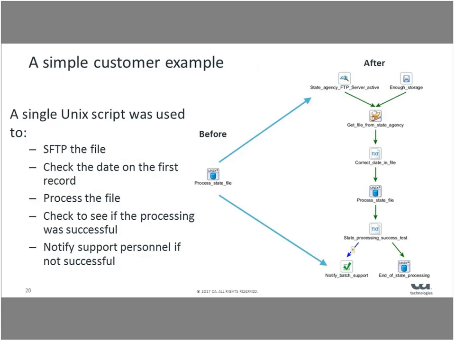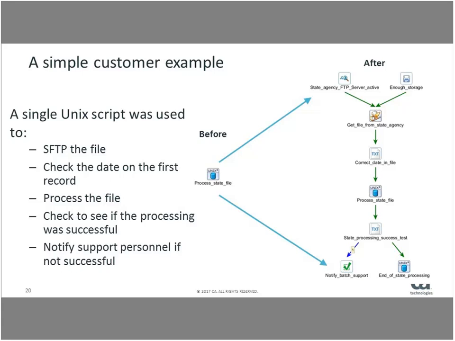Another quick, simple customer example: a single Unix script was used to SFTP the file, check the date on the first record to make sure that it was today's date, that it was fresh information from the state. This customer just happened to be getting information from state agencies. Then they would process the file, check to see if the processing was successful, and notify support personnel if it was not.